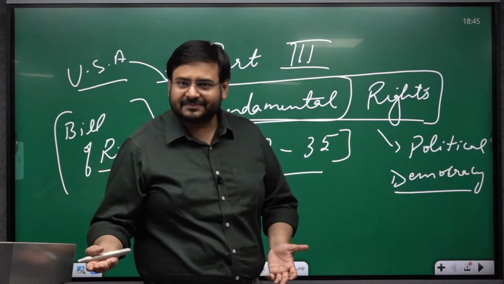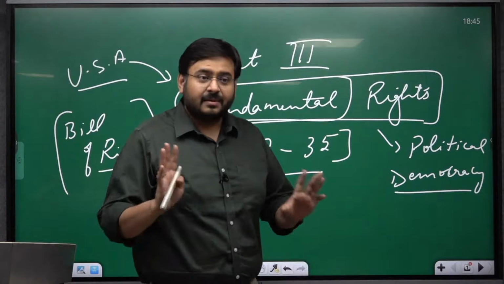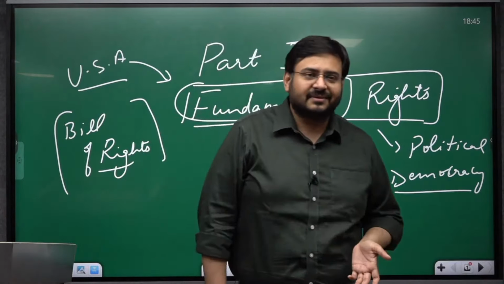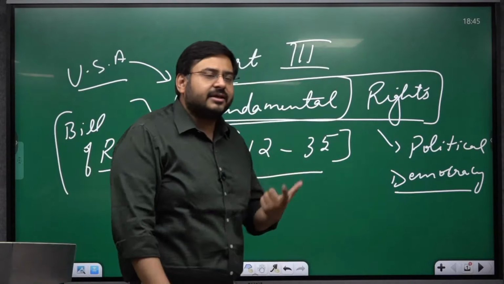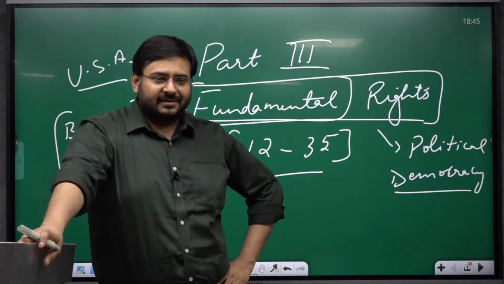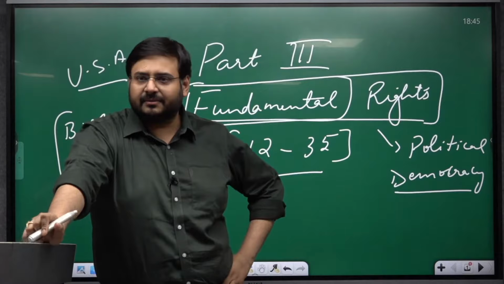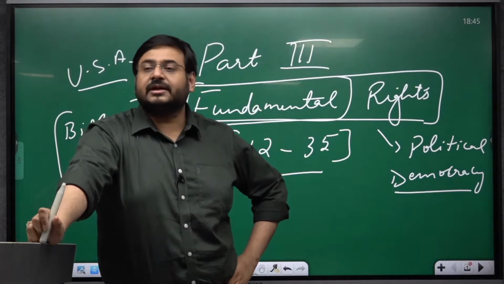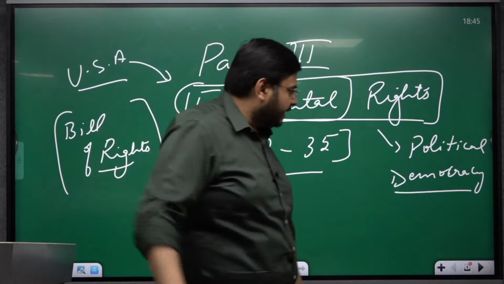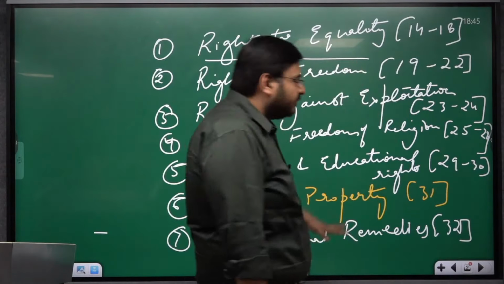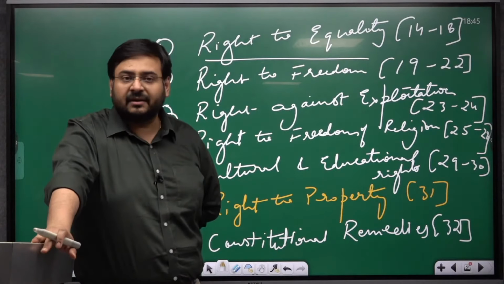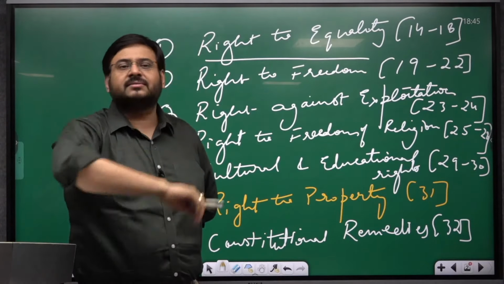True. Maths says true. But which subject are we studying? Polity. Is Article 33 a fundamental right? No. 34, no. 35, no. Only these are the fundamental rights that the Constitution has provided.